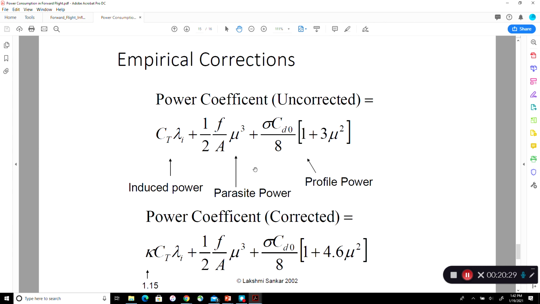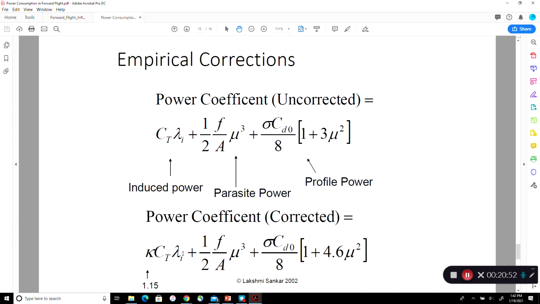And this 3 has been bumped up to 4.6 because when the shock forms at high advance ratio, CD0 is going to rise very dramatically. So it's no longer a constant. So this is what is used in the vehicle performance that we will see later on. Again, we will revisit this equation in our course.